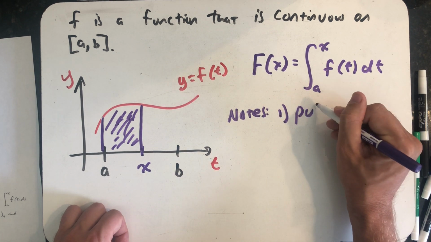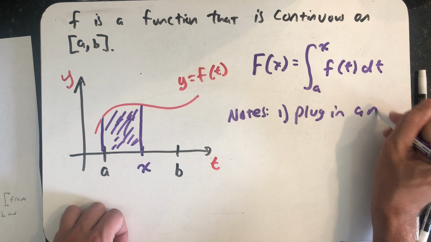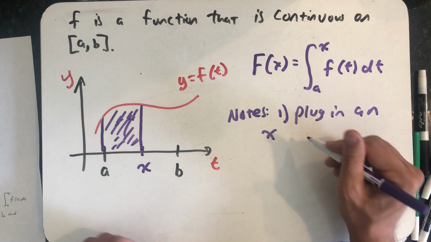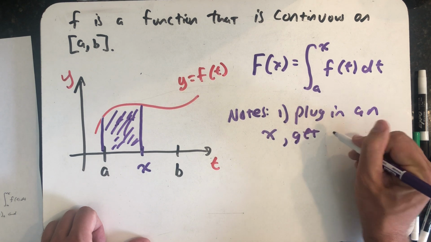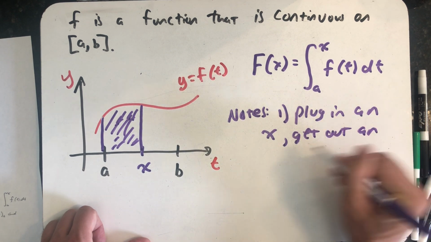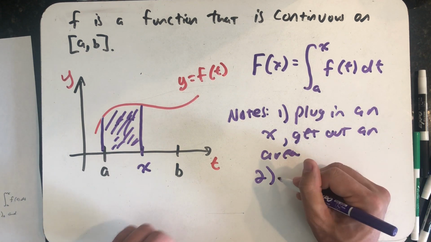So, things we know about big F. One, if we plug in an x, we get out an area. Two, the independent variable is x.